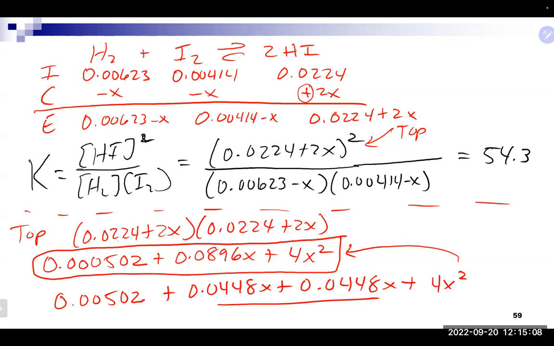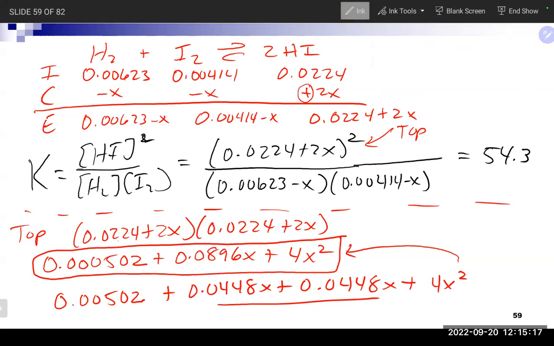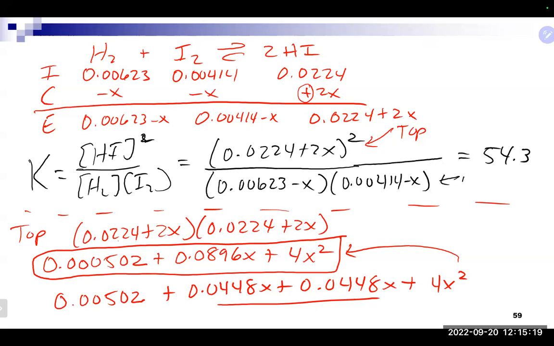Okay, I'm going to do the same thing for the bottom, and then I'm going to put everything back together. I'm going to flip the page there to do the bottom part. So we'll do the bottom factoring here just to make sure everybody's good. Taking our two that we got, 0.00623 minus x, 0.00414 minus x, once again we're going to go in and out on both of those.